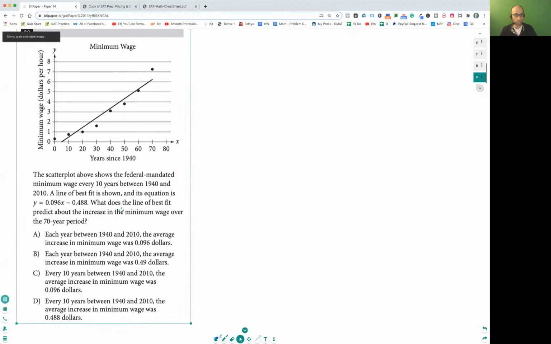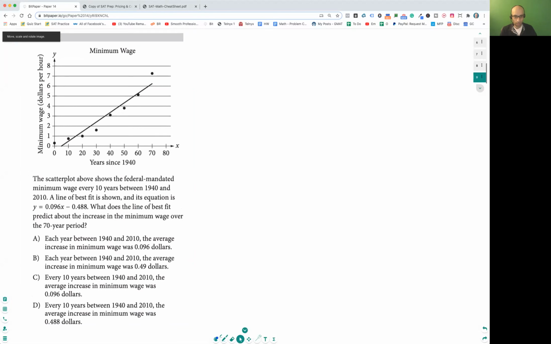Linear equations. We just did this recently. I wouldn't even read much of it. They're only asking you to focus on this number here.